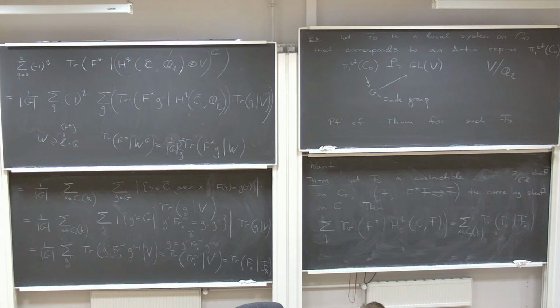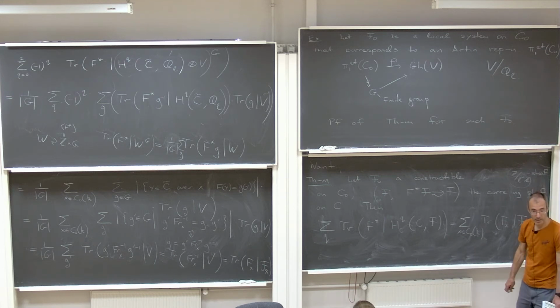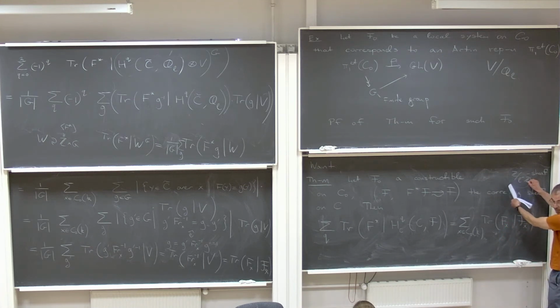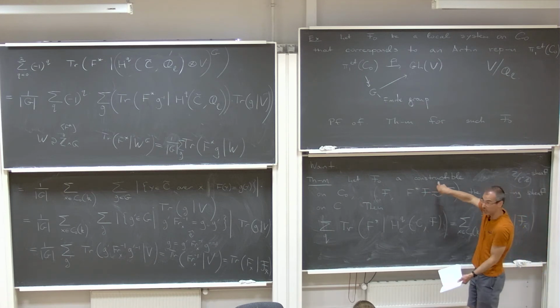Unfortunately, the formula I stated simply does not make sense. So let's see what's the problem here. Let's look at the left-hand side, right-hand side. Here we have, what is this? This is a module over this ring with an endomorphism. How are we going to take its trace? What is a trace of a module over this ring? Suppose it's even finitely generated. Well, we know that it's finitely generated because it's constructible.